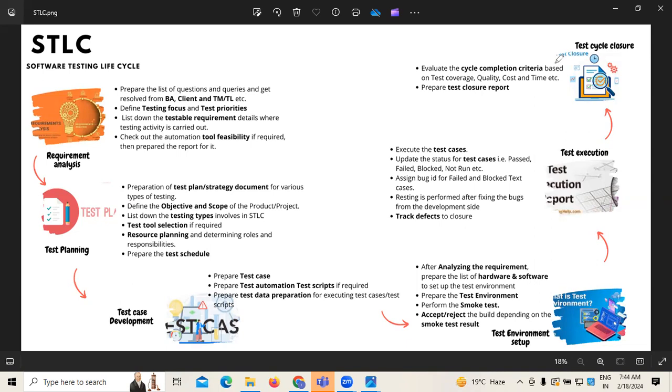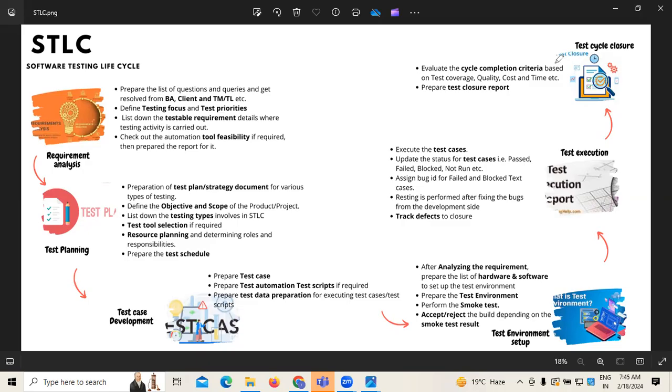Once test case development is done, the next is test environment setup. What environment is needed for us to develop the application? The test environment setup is required. Once that is done, the next is test execution: how to do the testing, and what kind of test execution process is required to follow. All these things come under the test execution part.